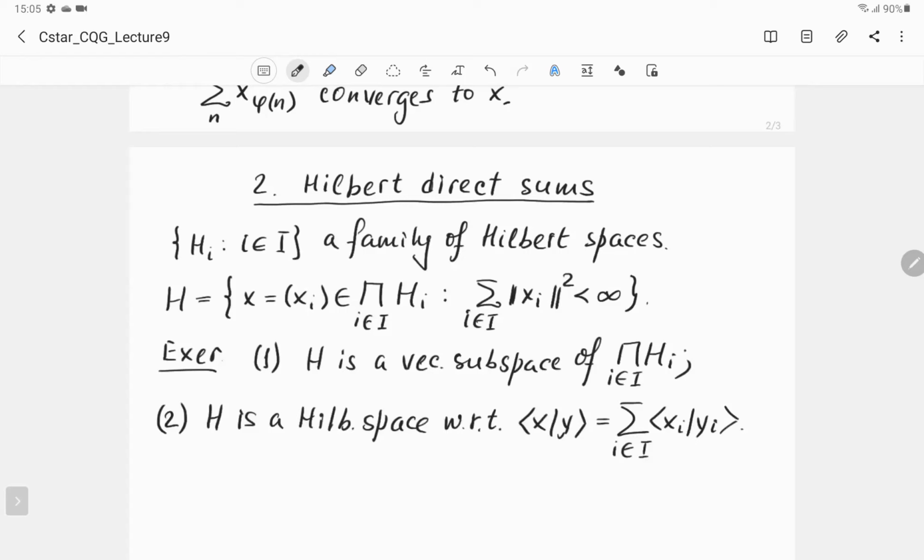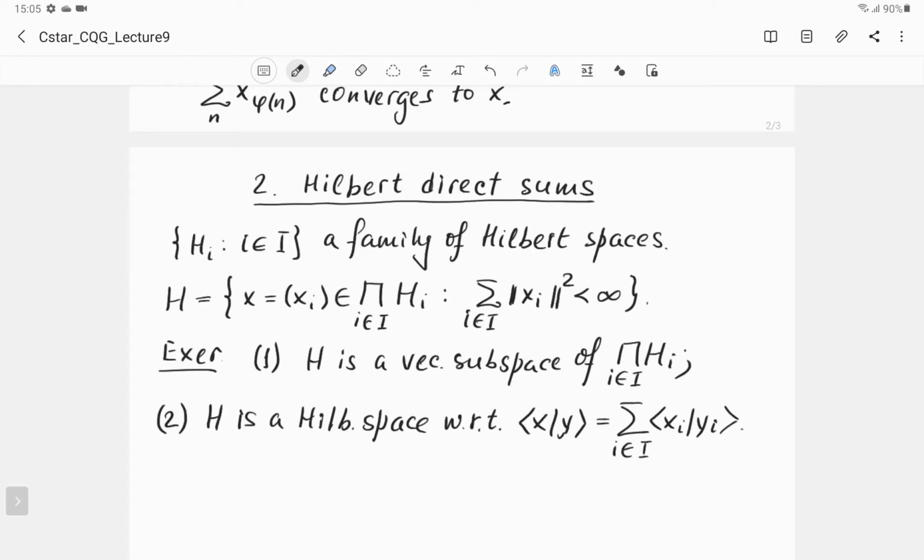In particular, I claim that this last family is summable. It's a family of complex numbers, and it is summable. Well, the proof is more or less standard. In particular, the completeness of this Hilbert space is proved in exactly the same way as the completeness of the classical little l2 space.